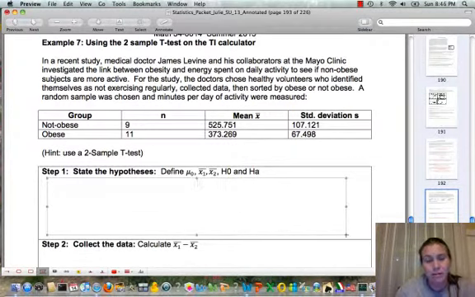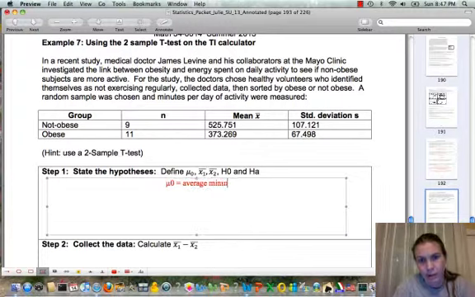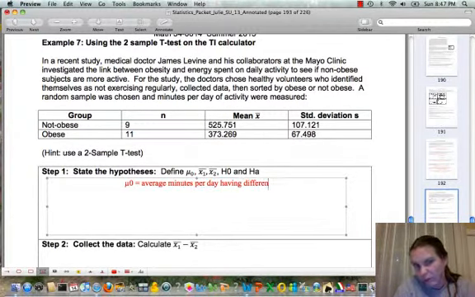So we first want to define our mu sub 0. So mu sub 0 is going to be the average minutes per day having difference 0, we could say. Or we could say in parentheses, no change.